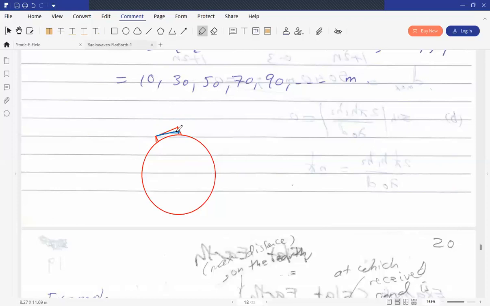Now, to make this a straight line, sorry for this drawing. Assume that you have grabbed the earth here. You have good big hands and very strong hands. You grab the earth from here, and from here, and you have increased the radius.